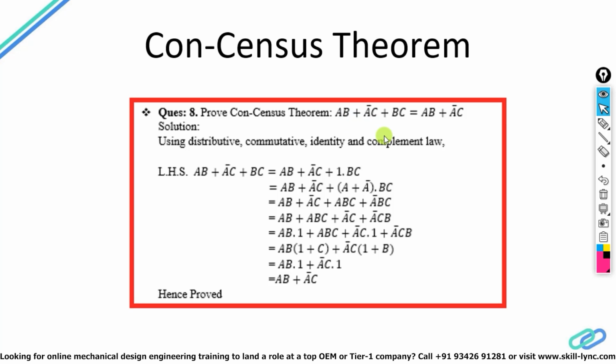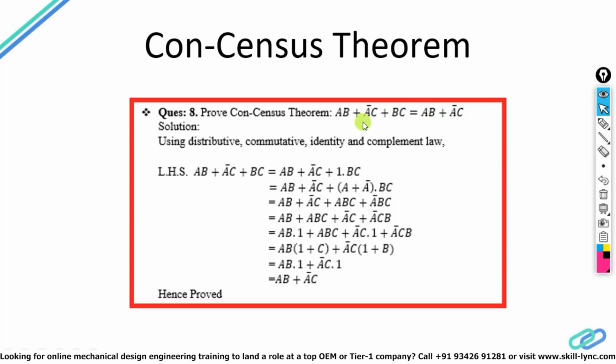Each variable is repeated twice. You can see here A two times, A and A bar, B two times, C two times. And one variable must be present in complemented form. These are the conditions for applying the consensus theorem.